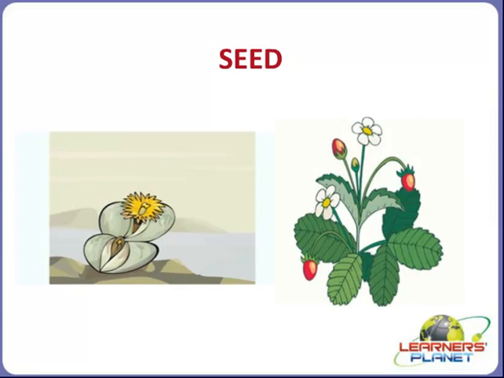The fourth part of a plant is called a seed. It is a part of the plant from which a very small baby plant grows. This part of the plant is present in the fruit, and this seed, after many days, grows into a very big plant.